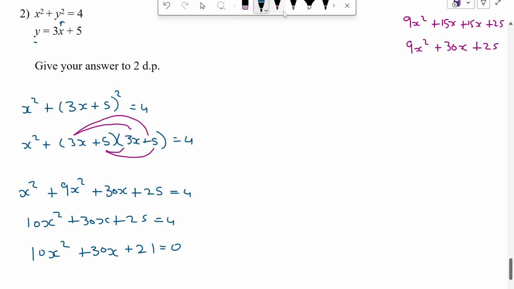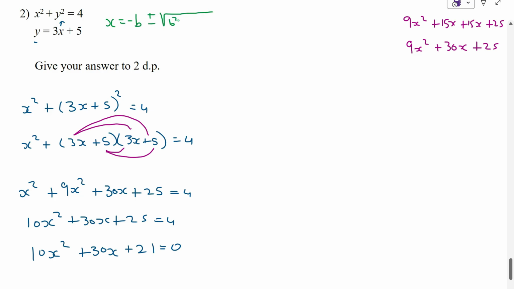Now I'm just going to write out the quadratic equation again here. So let's apply this now to this equation here.